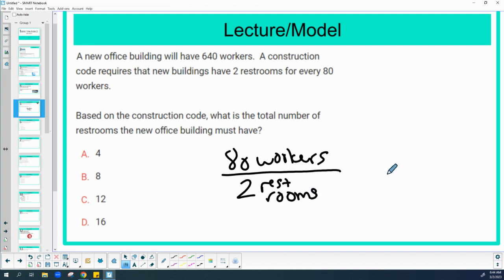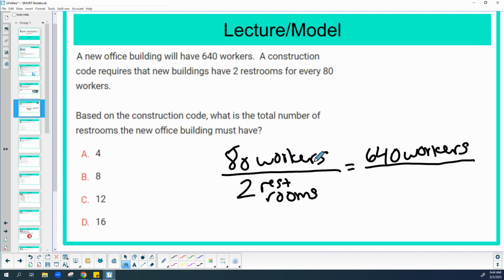All right. So now, though, we need to think if there were 640 workers. So we want a new numerator of 640. And I put workers on top because in my original rate, workers is on top. It has to match.